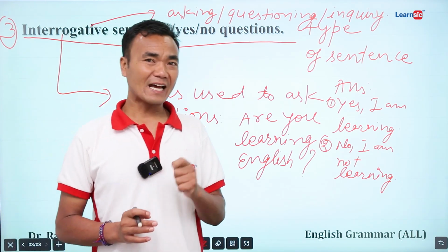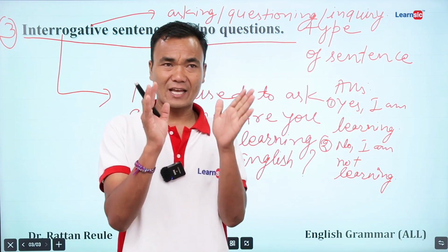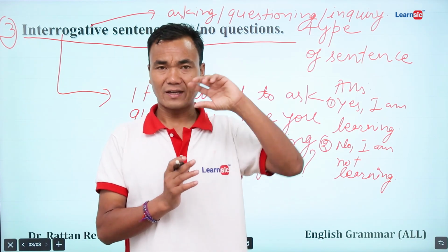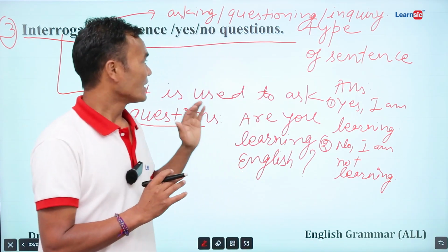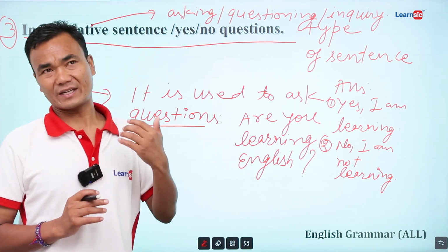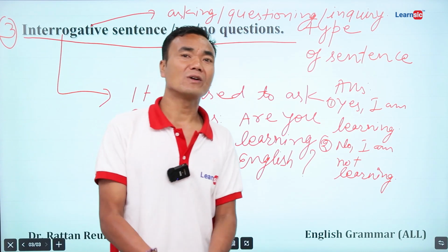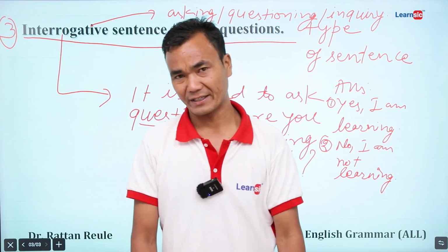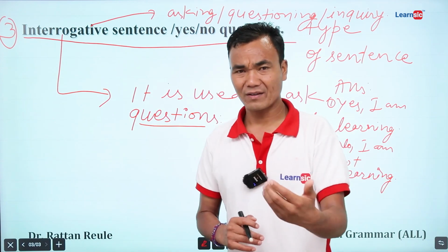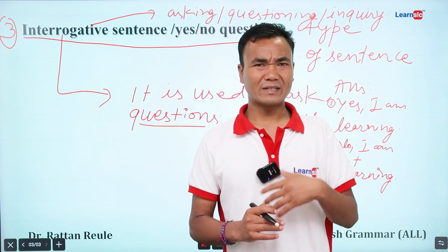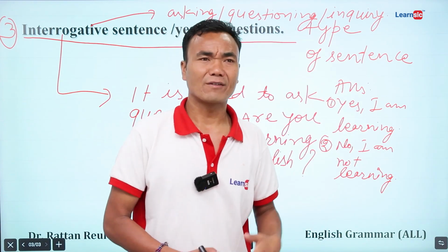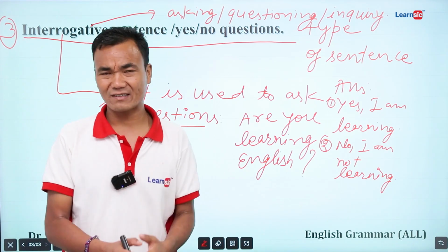One, interrogative sentence is one type of sentence. Another thing is why we are using interrogative sentence. What is the function? What is the role of our interrogative sentence? To ask questions. Whenever we want to ask some questions from anyone, from teachers, from your parents, from your friends, from your colleagues, from your juniors, from your seniors, from anyone.